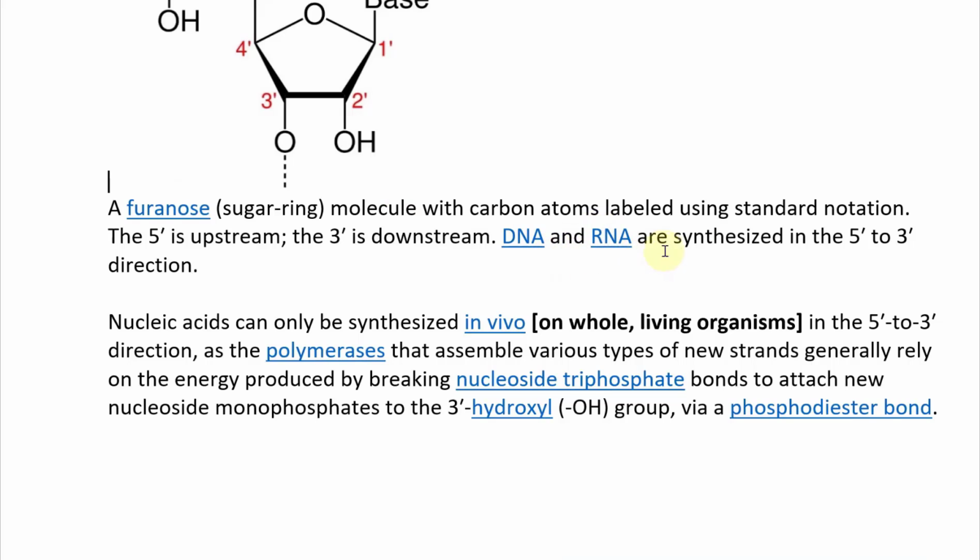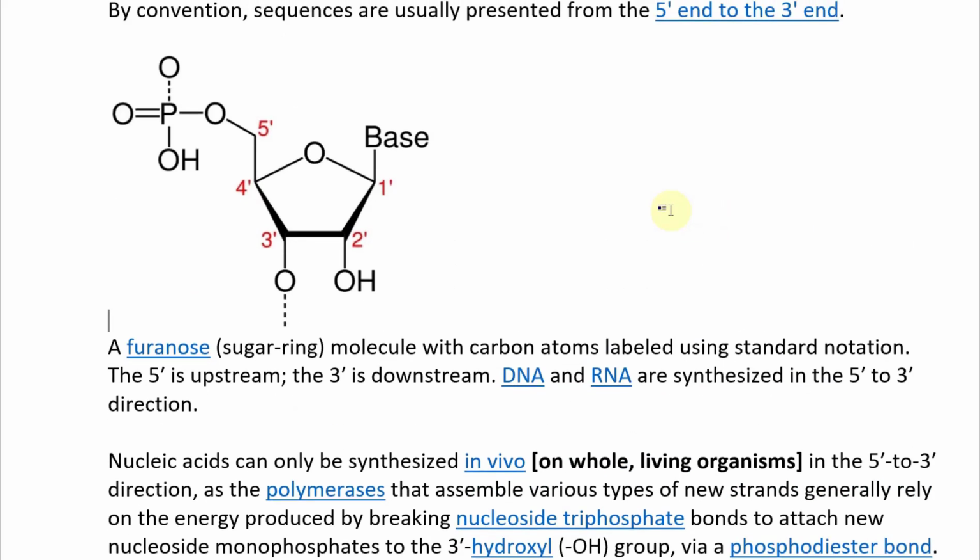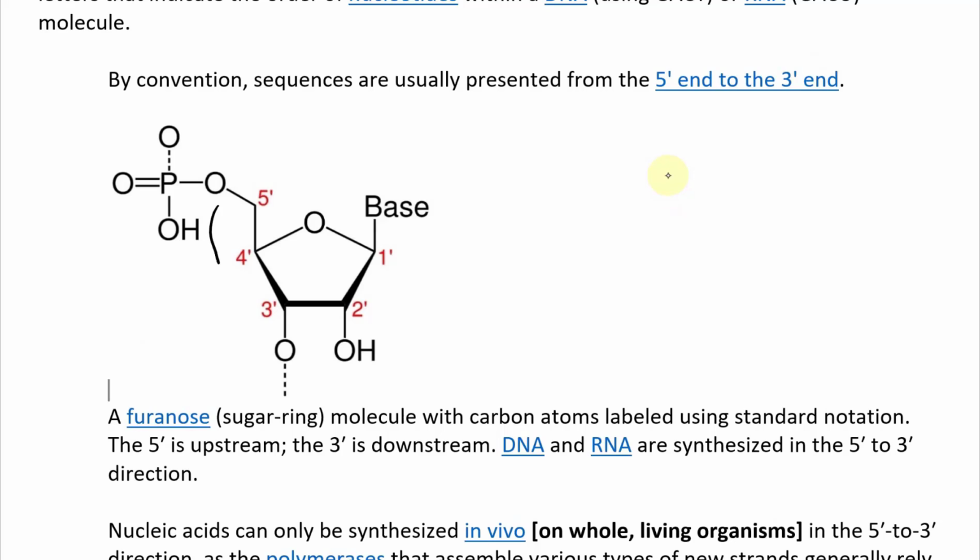DNA and RNA are synthesized in the 5 to 3 direction. So that's how they're formed when they're being made.